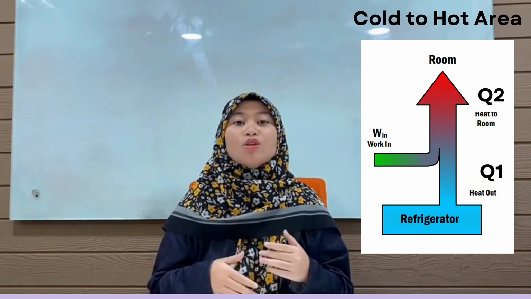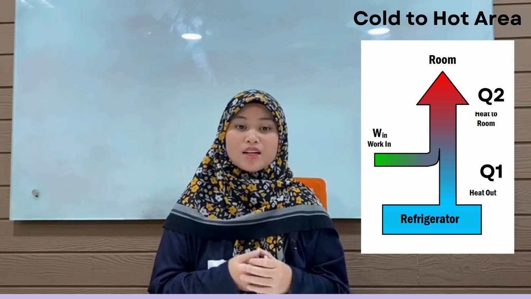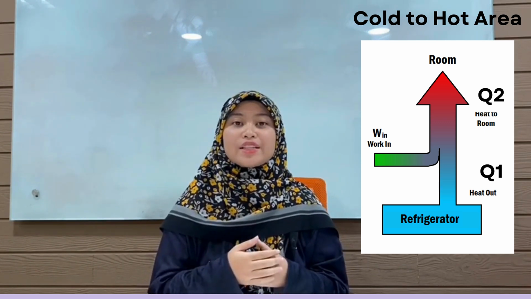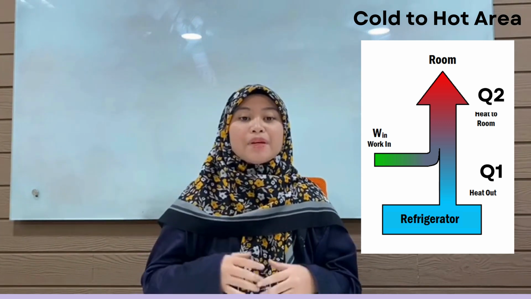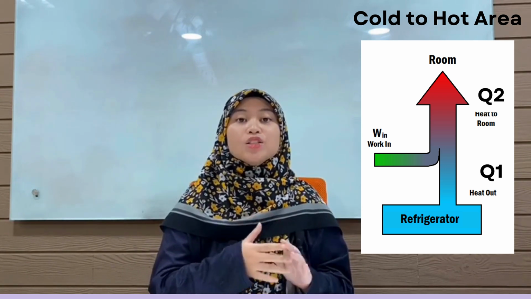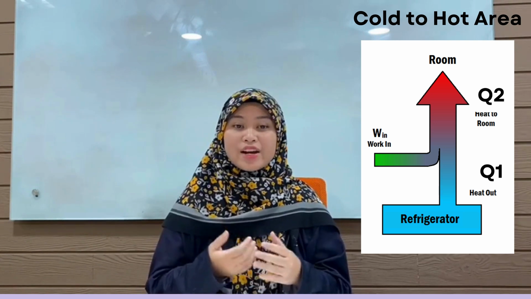Before we see how to calculate the coefficient, let me explain a short function, or term, of heat pump and refrigerator. A heat pump is a device that transfers heat from a colder area to a hotter area by using mechanical energy, same as a refrigerator.